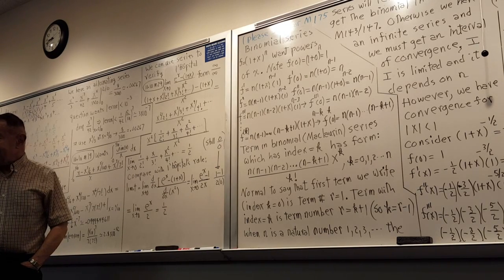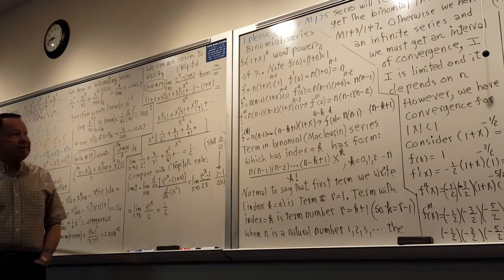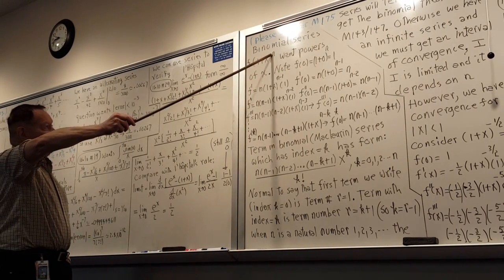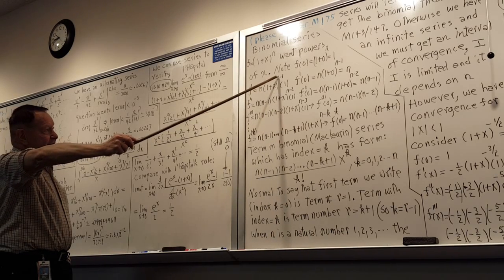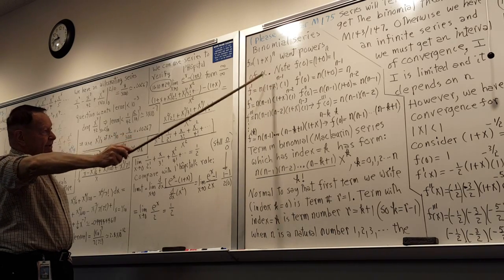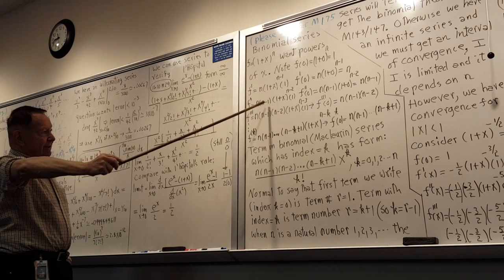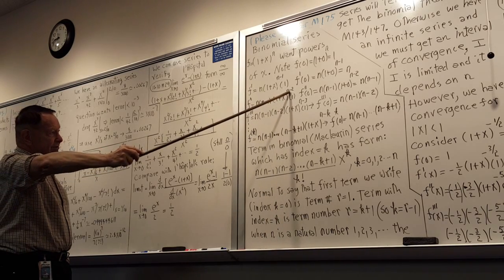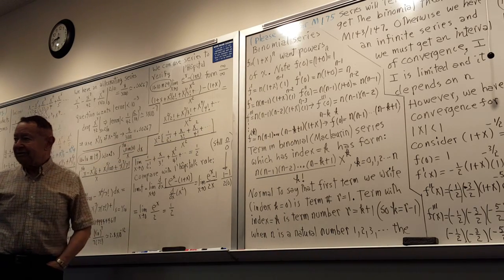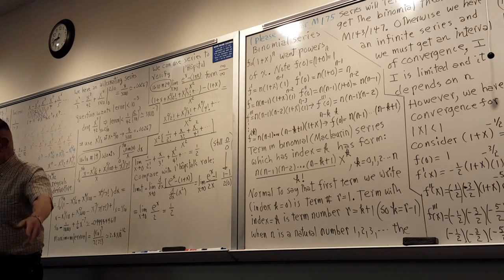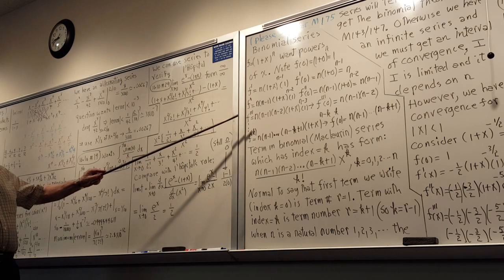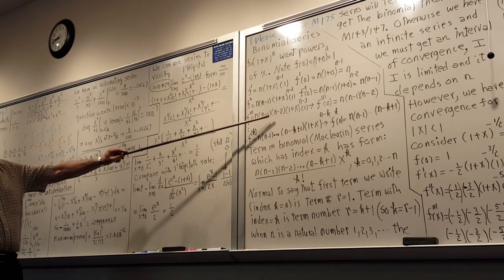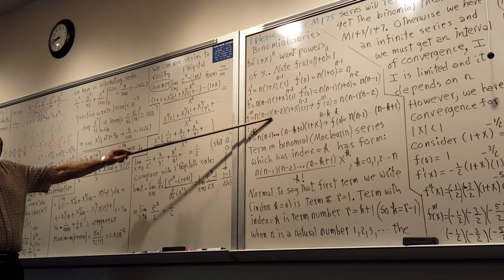But if the n is not a positive whole number, this doesn't stop. For example, if the n is the half power, then this is 1/2, and then this is minus 1/2. And then next time you'd have a half, and then minus a half, and then this would be minus 3/2, and so on. So it keeps on going, and you get the infinite series. So you can see there's a pattern to this, using your rules for derivatives.